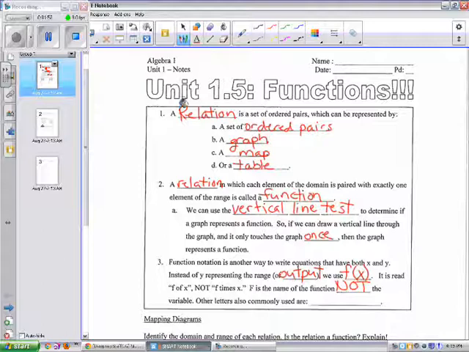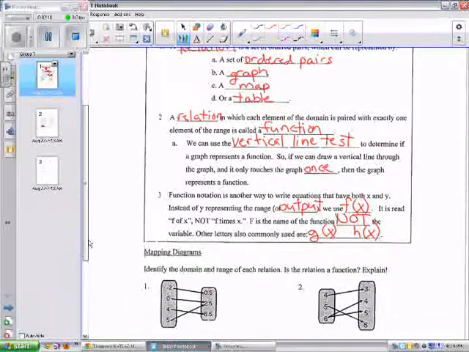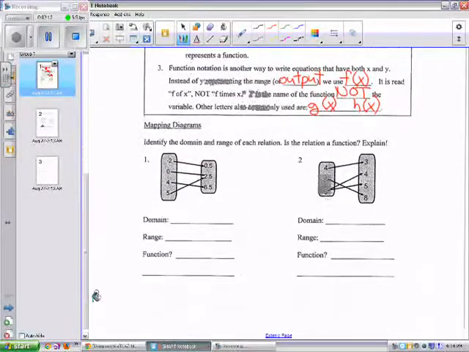And it's not the same as f times x, because f is the name of the function, not the variable. So we pronounce that f of x, and you might sometimes see g of x and h of x. We're going to go more into that tomorrow, but today let's start identifying functions.